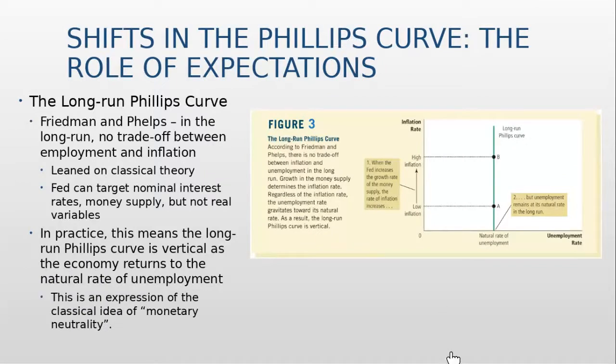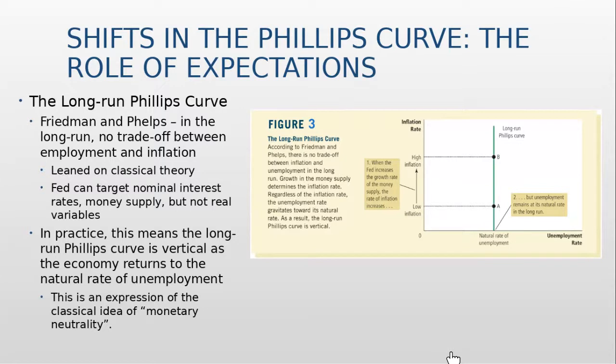Now, expectations play a vital role in the Phillips curve. The long story short here is that we found during the 1970s that the Phillips curve doesn't necessarily hold true in all cases. In fact, there were periods of stagflation where we had higher unemployment and high inflation. To explain this problem, Milton Friedman and his co-writer Phelps introduced the concept of the long-run Phillips curve.